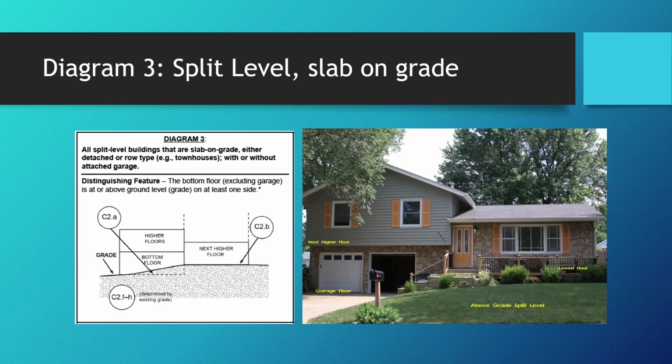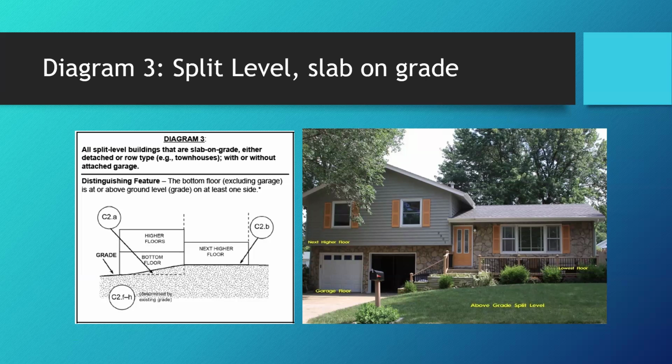So you have the bottom floor there, which is used as a garage in this case, and then you have the next higher floor on the right side that looks like living space, and so that would probably be the lowest floor. That's the lowest finished floor. The other one would be considered an enclosure as it's elevating the higher floors, and so that's probably the best use of it.